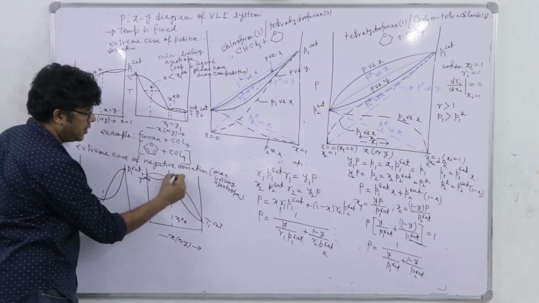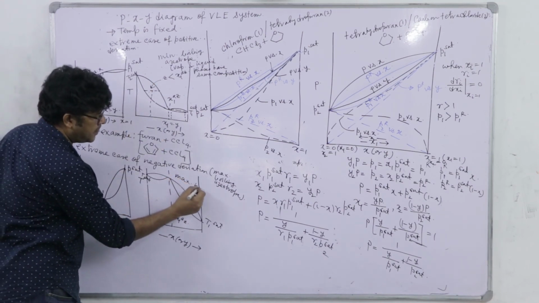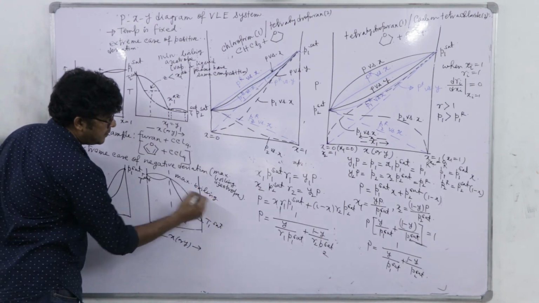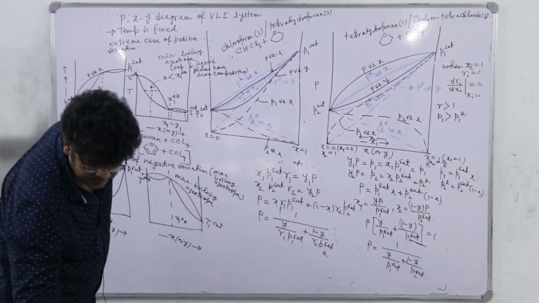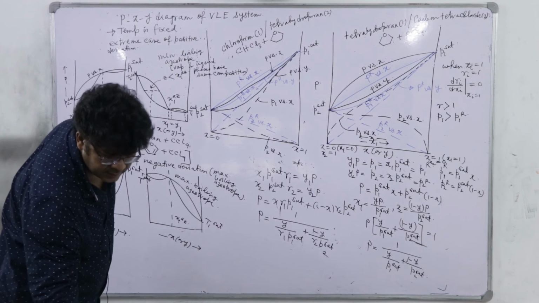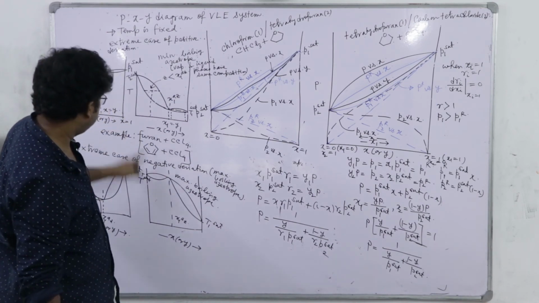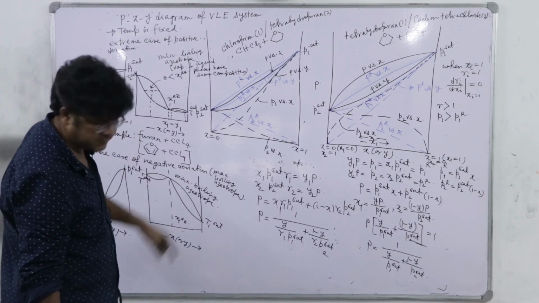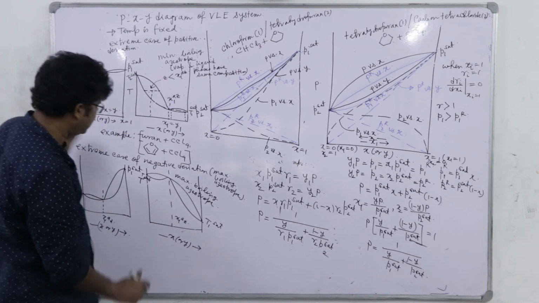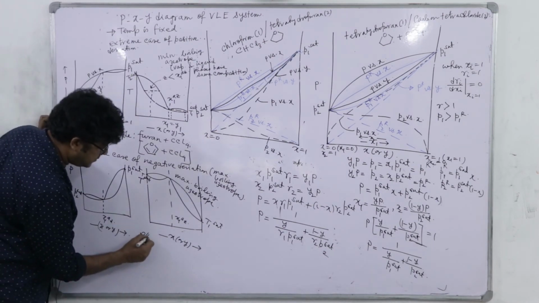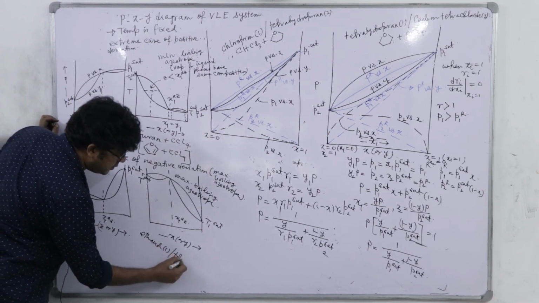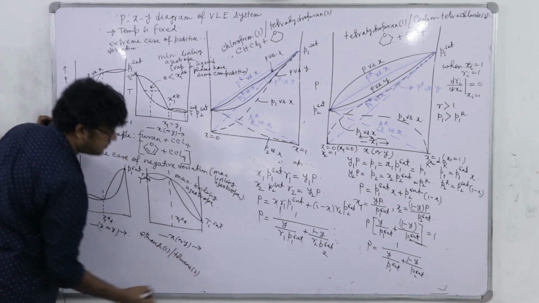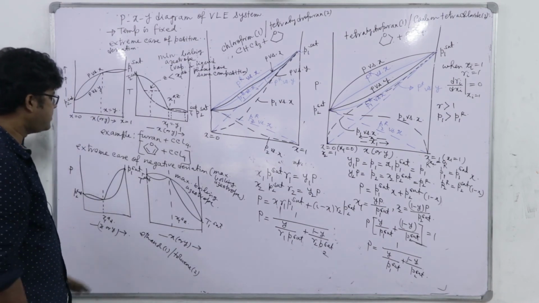So this is the maximum boiling azeotrope. Right. Now this example of extreme negative deviation leading to maximum boiling azeotrope, the system is ethanol and toluene. Ethanol 1, toluene 2, right.